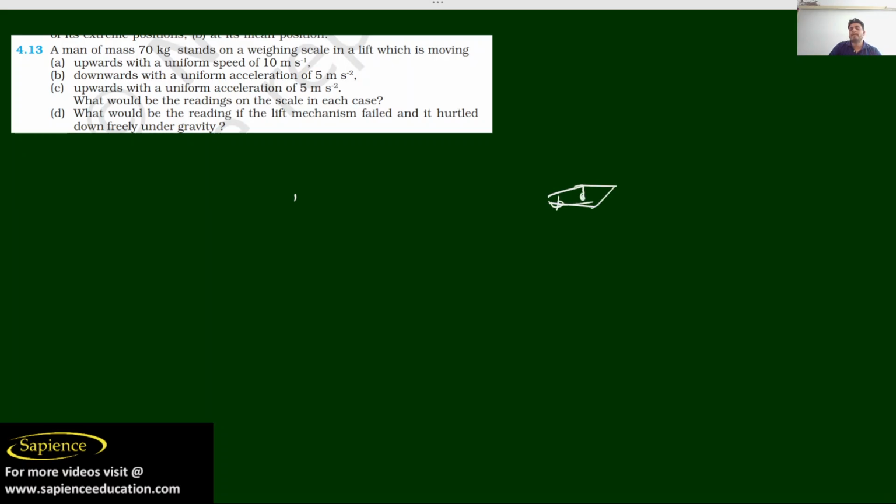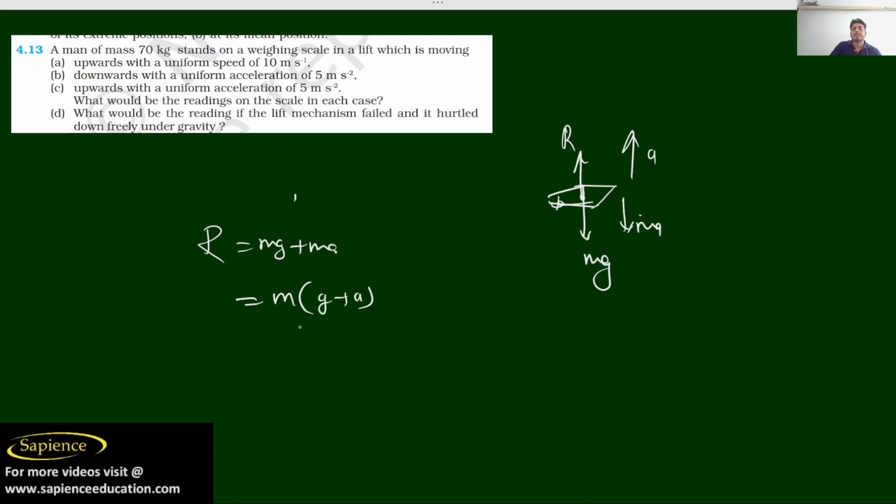First we have to take account of the weight mg and the reaction force R. Upward acceleration is a, so the downward pseudo force will be ma. So we can write R is equal to mg plus ma. m is common, so g plus a. m is 70, g is 10 plus acceleration 5. So this will be 70 into 15.